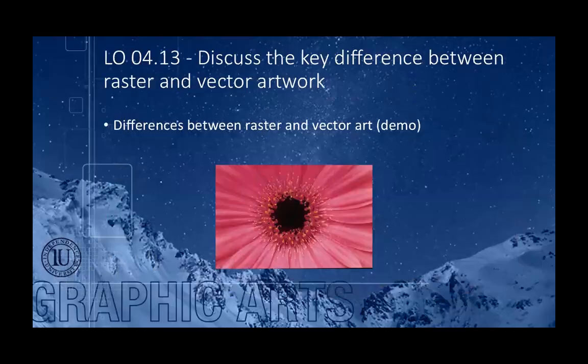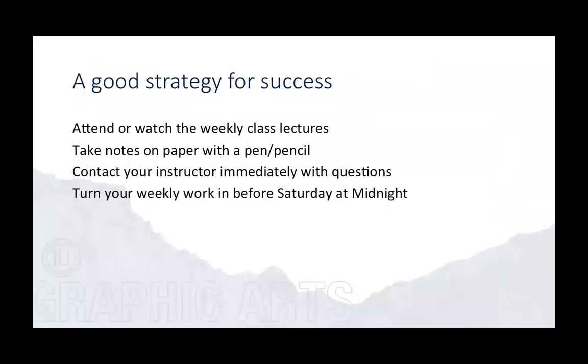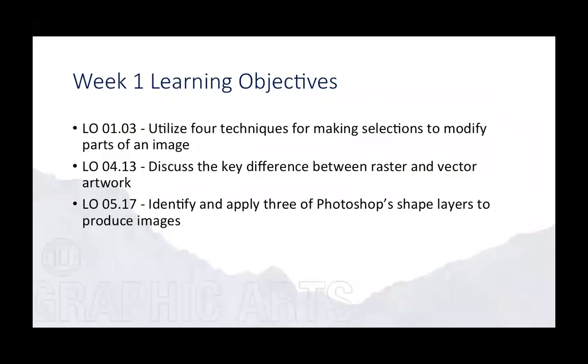Let's go over our main learning objectives. So we learned at least 4 techniques for making selections, definitely more than 4. We've discussed the key differences between raster and vector artwork. So if you remember, raster artwork is artwork like a photograph or a painting that's made out of little squares of pixels.